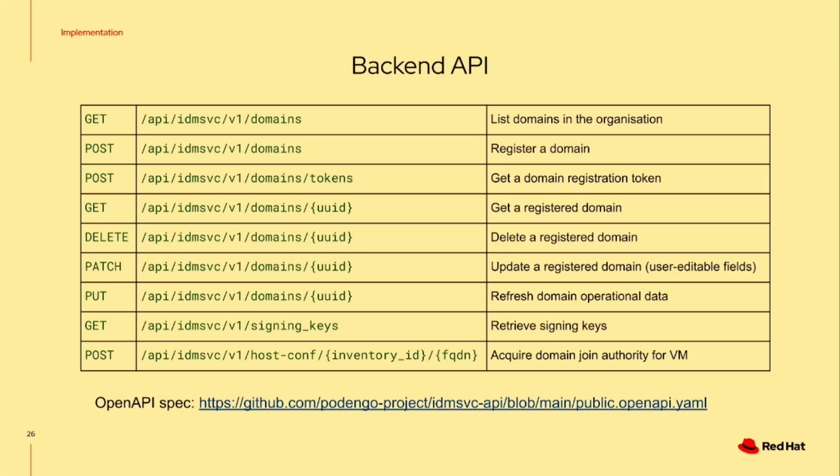And also the signing keys resource, which is used by the IPA server and requested once a day or so to ensure that any signing key rotation that is taking place gets picked up by the IPA servers automatically. We have an open API spec, the link is there.